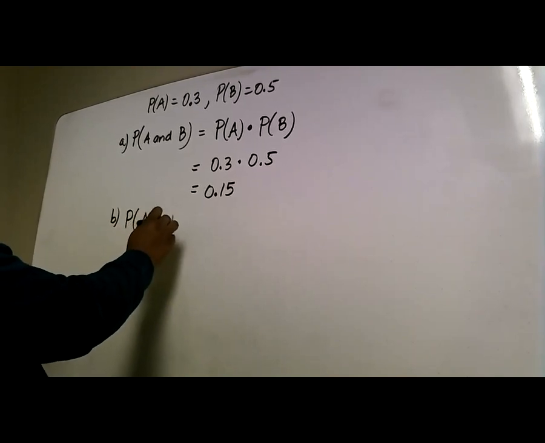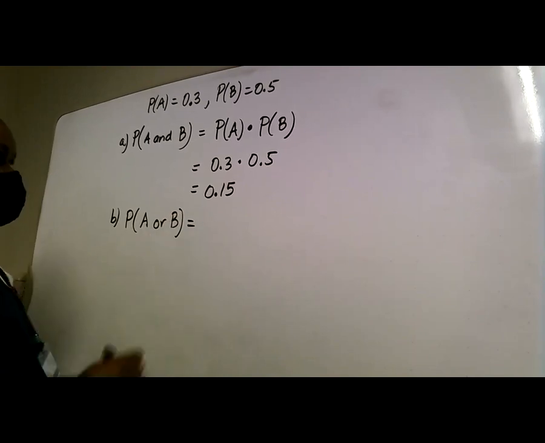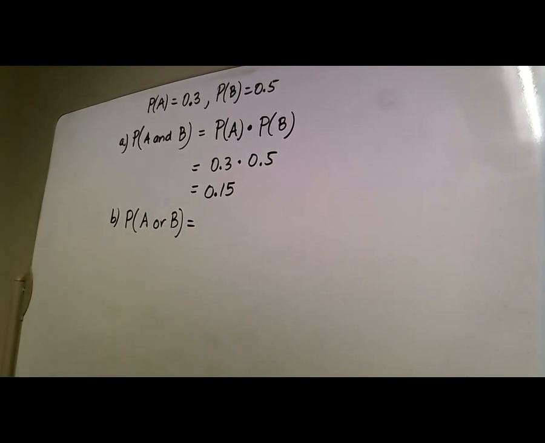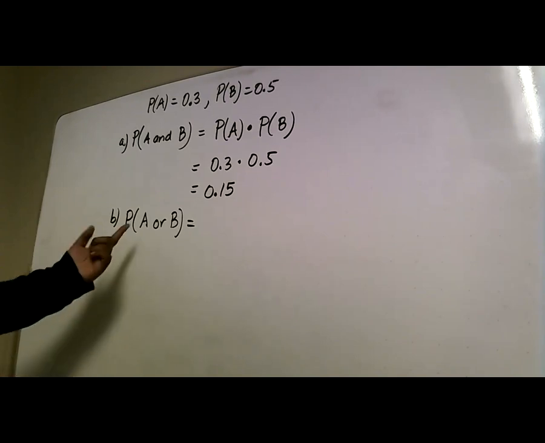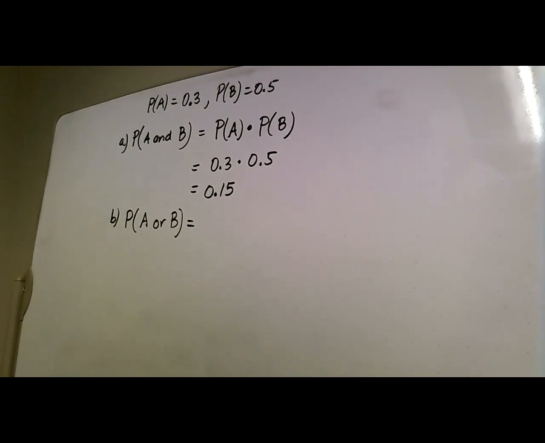Now, part B says the probability of A or B. For this case, let's assume that events A and B have something in common.